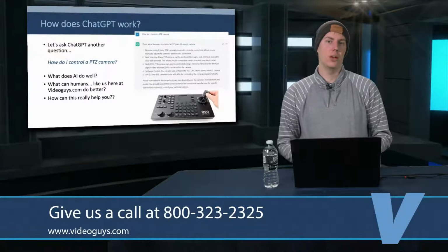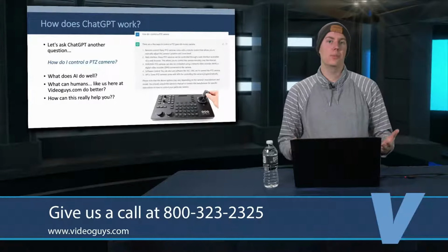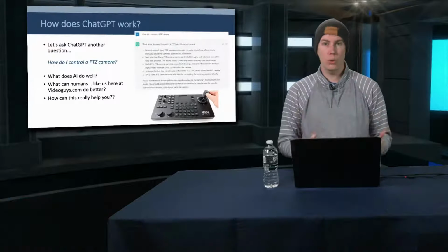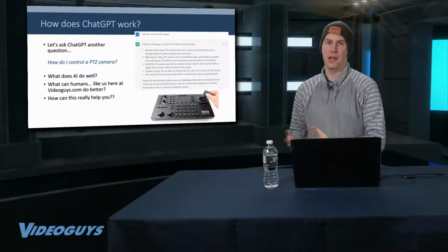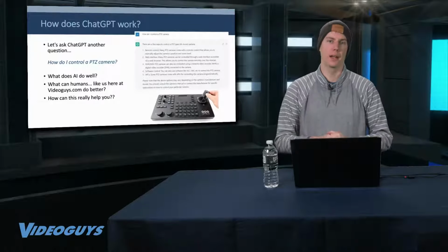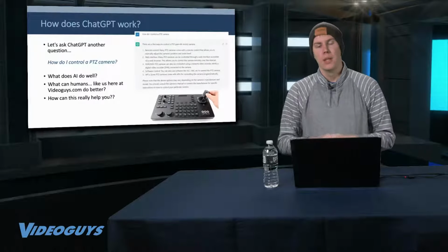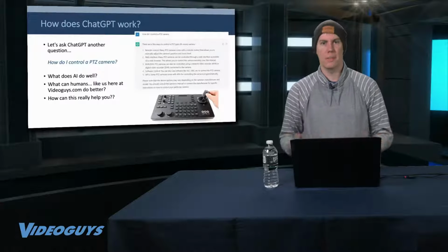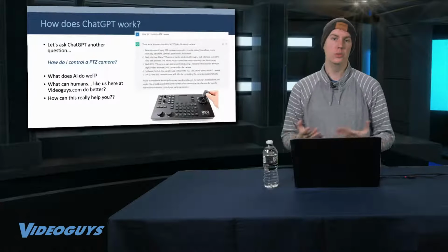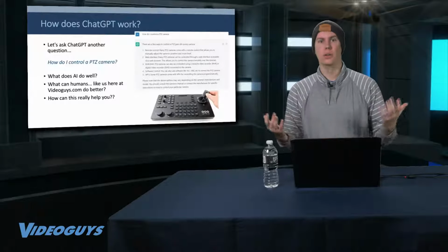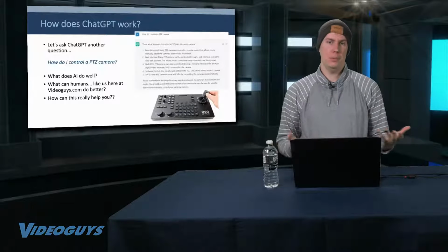And in doing so, say for example, you wanted to know what the best controller is to use with the PTC Optics Move 4K. And I'm just saying that because we did a product spotlight on that not too long ago. But ChatGPT is not going to know what is the best controller to use with that camera, but you could call Videoguys and we'll say, oh, it's the SuperJoy, PTC Optics SuperJoy.